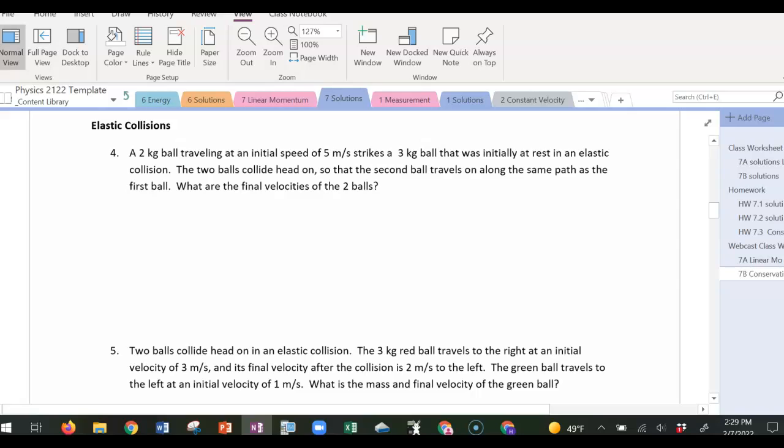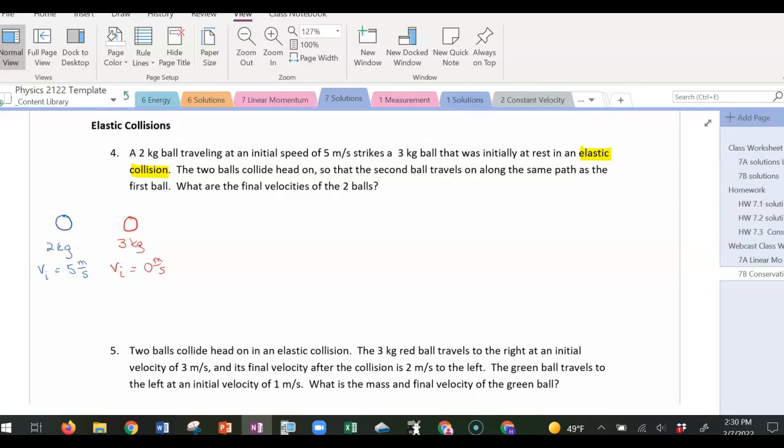So here I have a 2 kilogram ball traveling at an initial speed of 5 meters per second, and it strikes a 3 kilogram ball that was initially at rest. They're telling me that it's an elastic collision, and so I can just assume that. The balls collide head-on. The second ball travels along the same path as the first. What are the final velocities of the two balls?